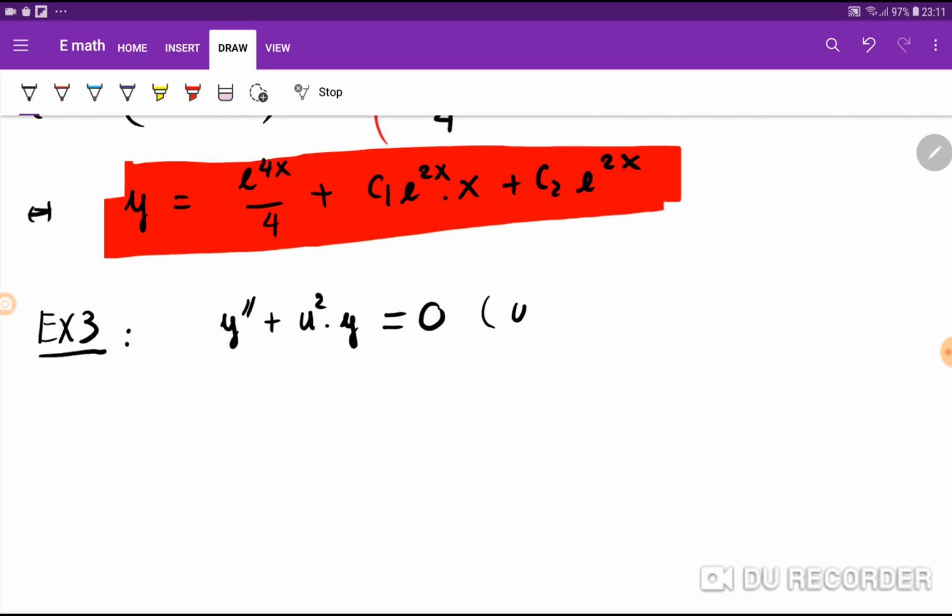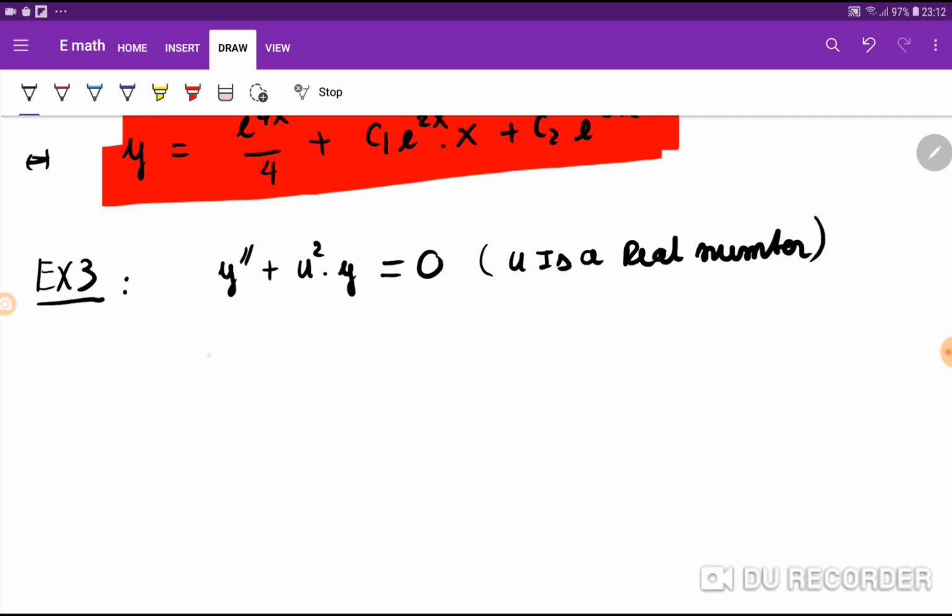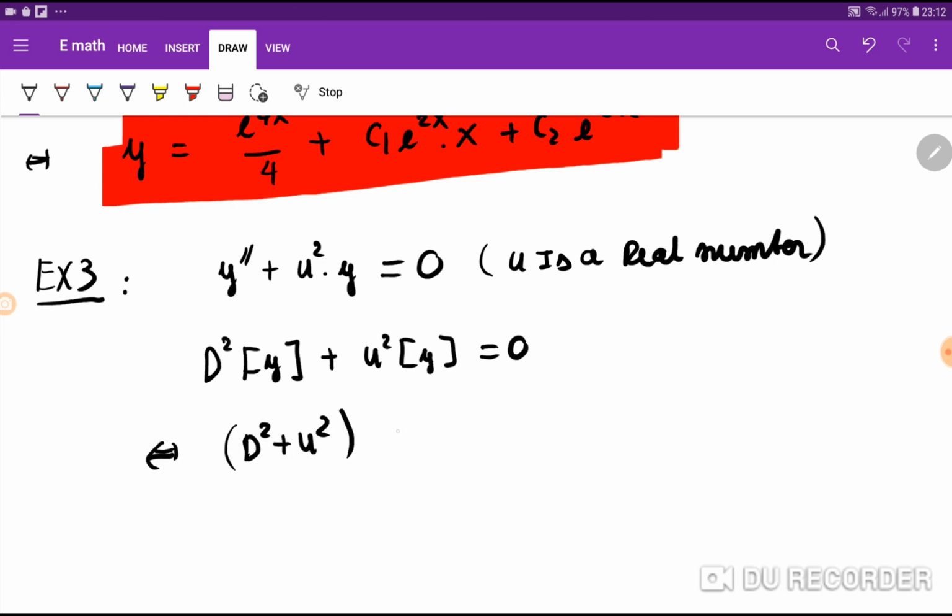What's u? u is a number, a real number. If you rewrite in derivative operator form, you have d square plus u square y equals 0.